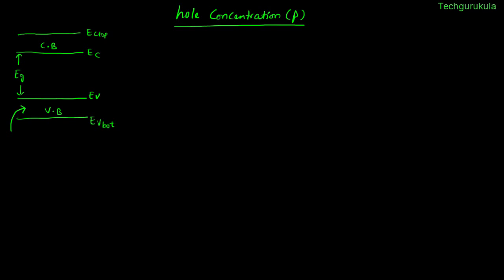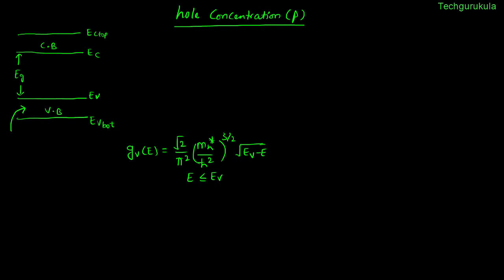Now I'm taking how these energy levels are distributed in valence band is given by a function which is GV of E, where this function is valid if E is less than or equal to EV.